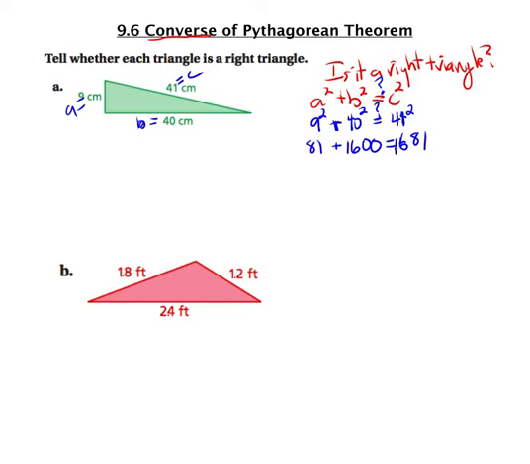That would be 1681. 1681 is 41 squared. Now I'll add these two: 81 plus 1600 is 1681. Does it equal 1681? And it does. So yes, it is a right triangle.